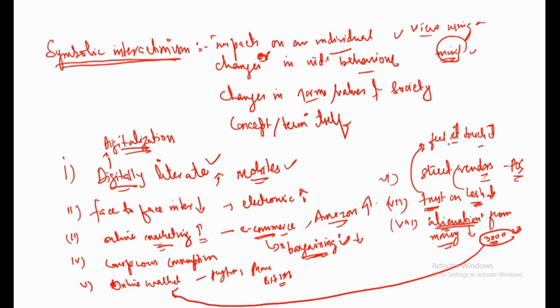Earlier, when they had cash in hand, they were not spending more, as the value of cash in hand appeared greater to them. But when it was in mobile, people were more tilted toward buying more things, and were being alienated from their own money. So these are some of the impacts on the individual from the perspective of symbolic interactionism. Okay, let's talk about the next perspective, that is the feminist perspective.